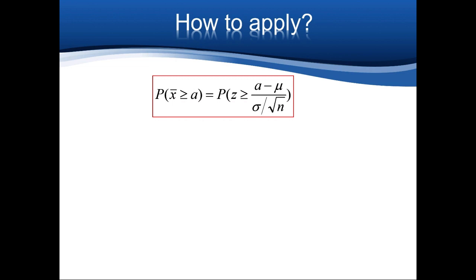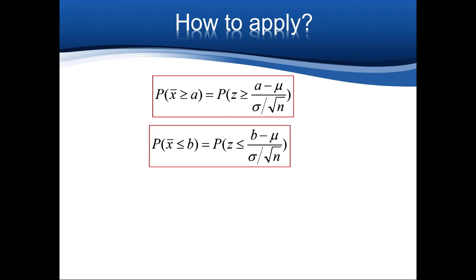That is, for the probability that x bar is bigger or equal to a number a, we can use the z-score formula: each side minus mean mu, and divided by its standard deviation, which is sigma divided by square root of n.